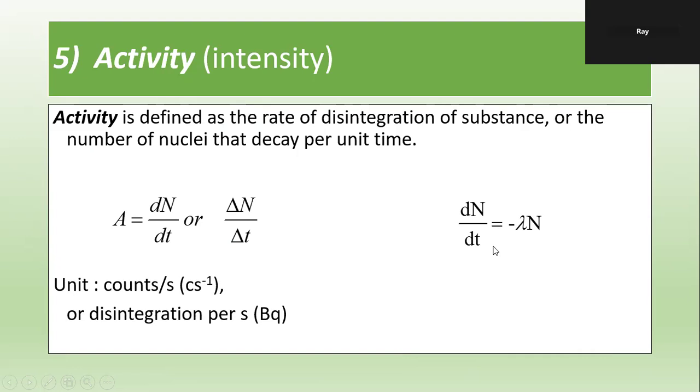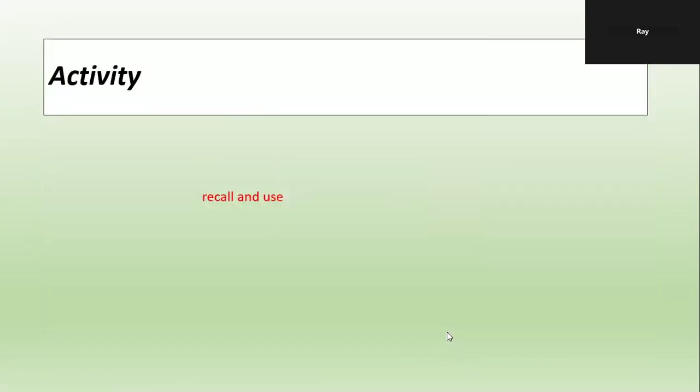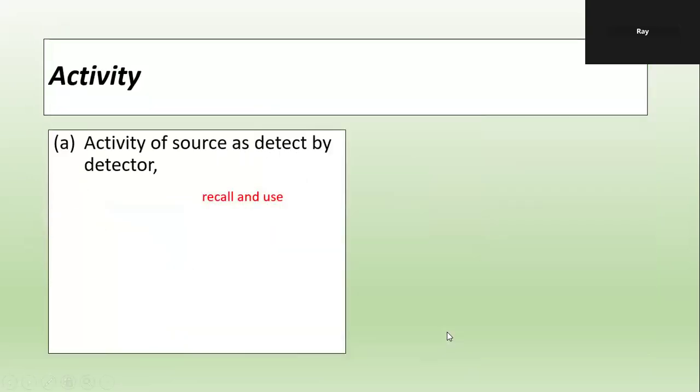It is the count per second, or disintegration per second, of becquerel. So it's given as N lambda. You're required to recall and use this.